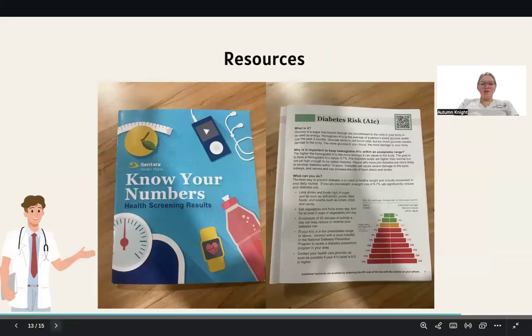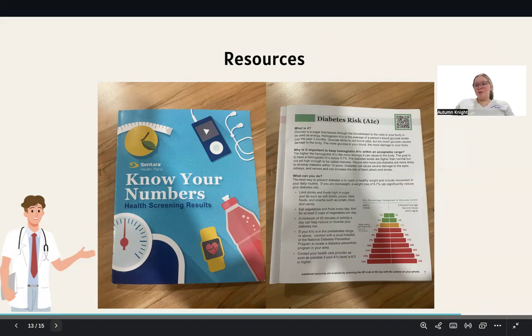This was just some resources that we handed out. So this is just a booklet. It's called Know Your Numbers. We use this regularly for our screening services. We have other things that we screen for during clinical, such as BMI, blood pressure, and all that. But this is just the page on A1Cs.